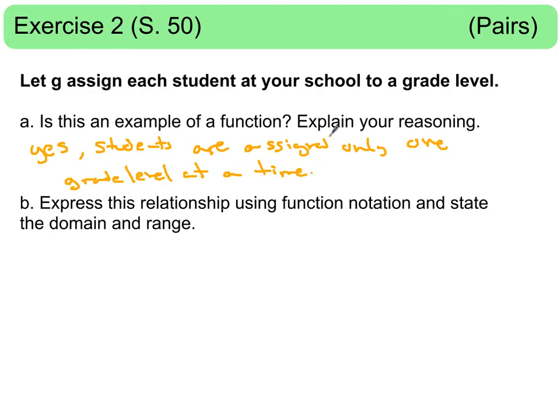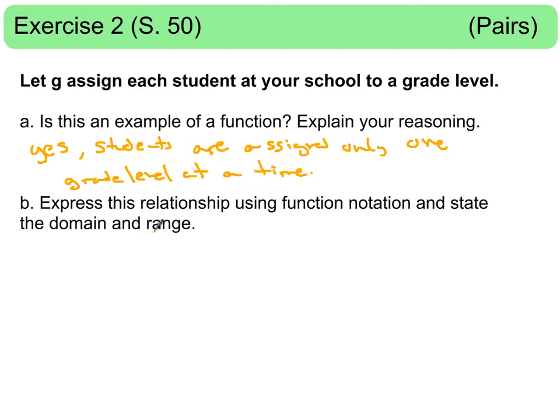Or in other words, if I'm coming to the school, I can't be both in the 9th grade and the 10th grade at the same time. So with that being the case, it makes it a function. Each student only goes to one grade rather than multiple grades at one time.